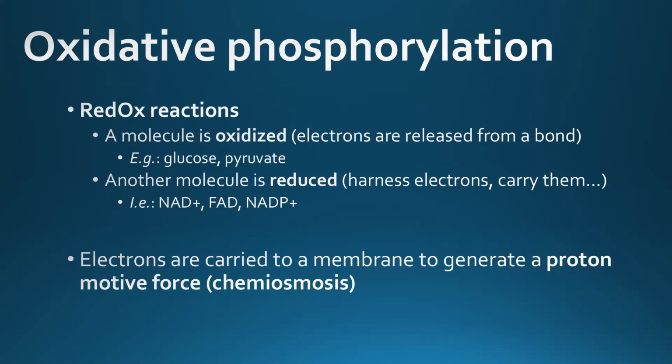But they cannot cross the membrane because remember, protons are ions and ions are big and they are polar, and we have that barrier in the membrane. It is the lipid part of the phospholipid bilayer.